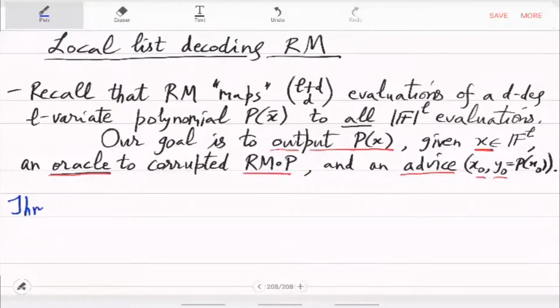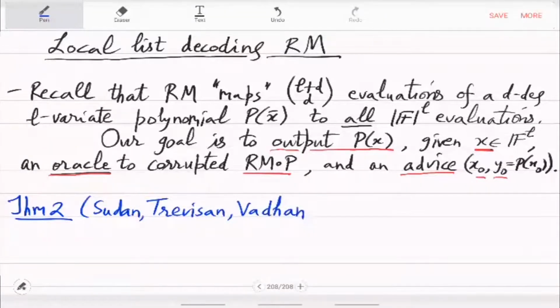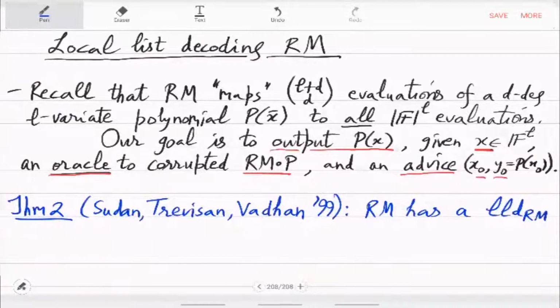This was done by Sudan, Trevisan and Vadhan. Okay, so Reed-Muller has a local list decoder handling close to 100% errors in the non-binary alphabet.